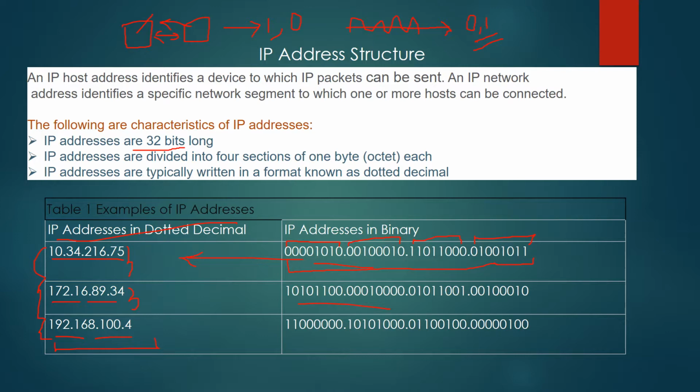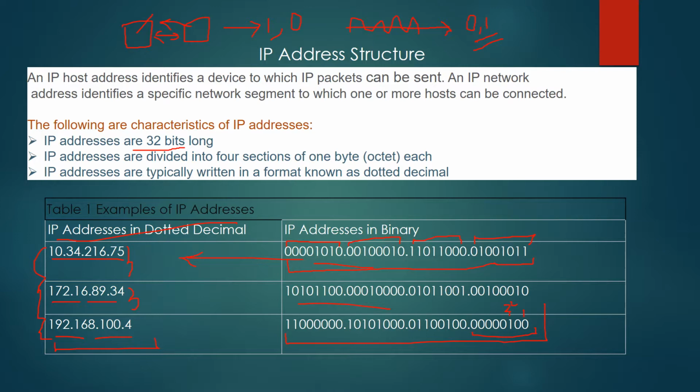192.168.100.4. What is this? This is this much in binary numbers. Let's see what is here. This is 0 0 0 0 0 1 0 0. So what is this? This is 2 to the power 2.